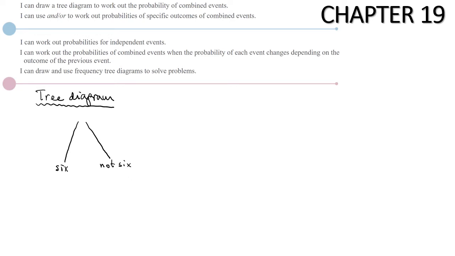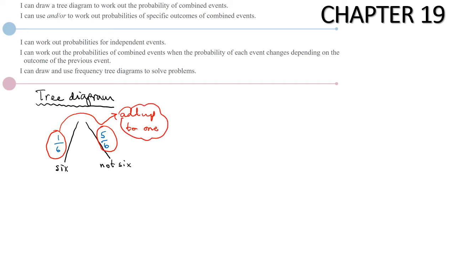Now I know that getting a 6 on a dice is going to be 1 out of 6, so I know that this one is going to be 5 over 6. So we always know that when we have these pairs of probabilities on a branch, they always add up to 1. So even if I just had one of them, I can easily work out the other.